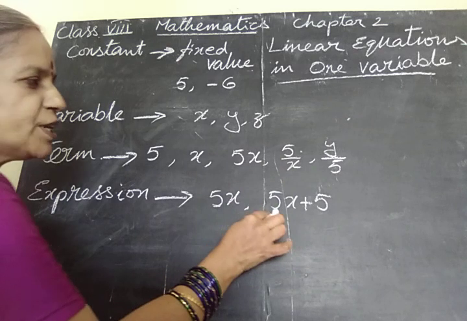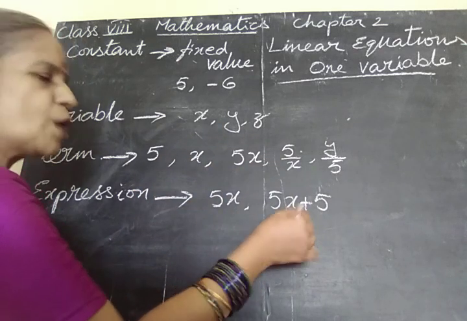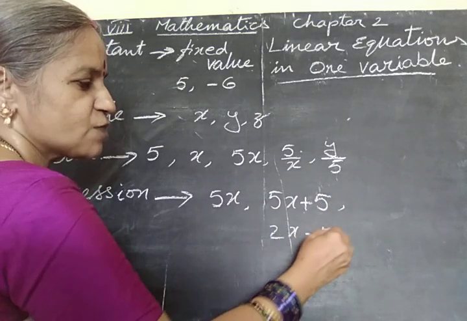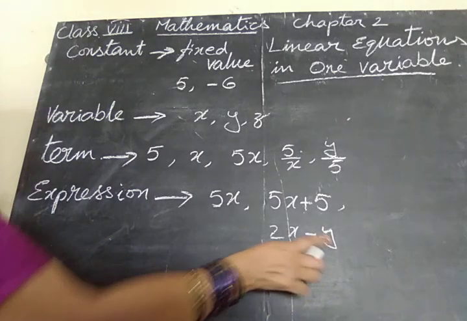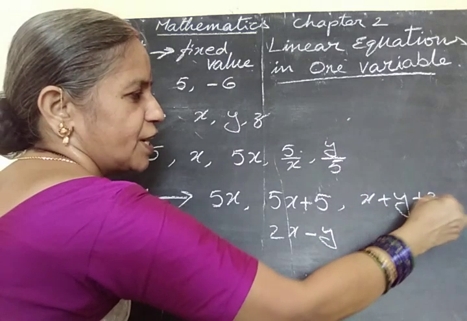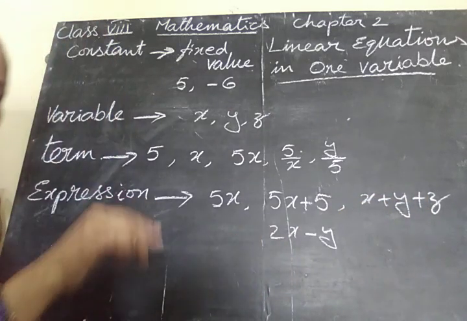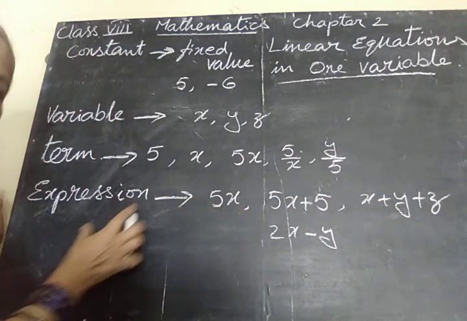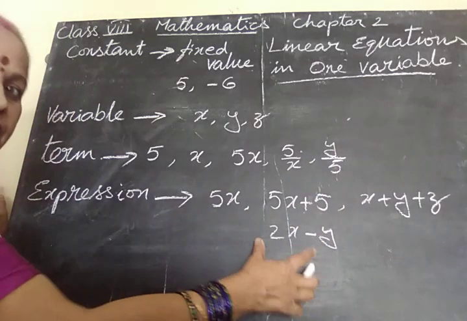The combination of terms by addition, plus or minus, like 2x minus y, are called expressions. Three terms, like x plus y plus z, combined with plus or minus are also expressions. Clear? These are all examples of expressions.